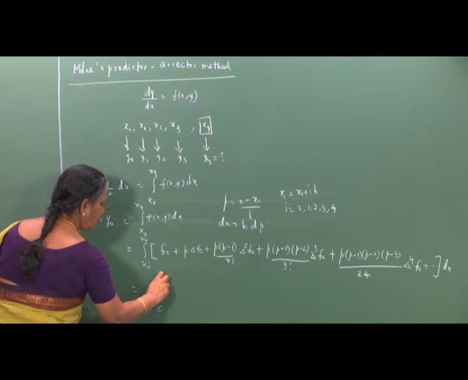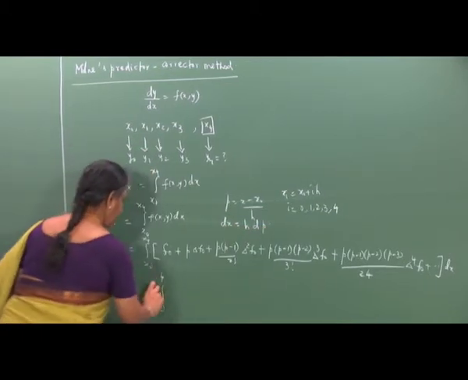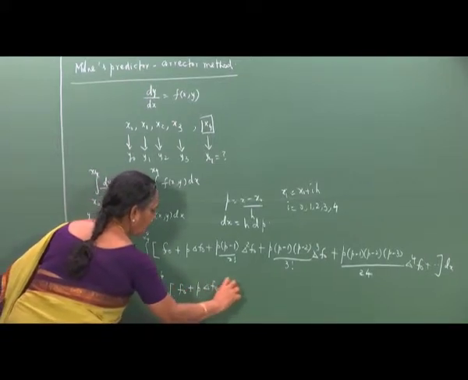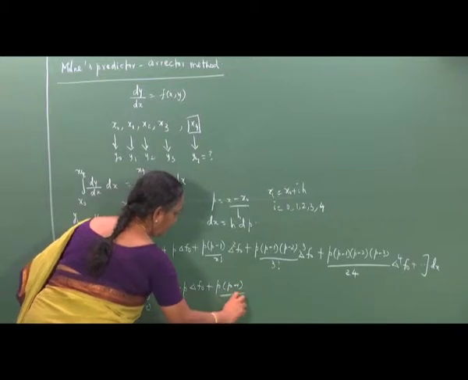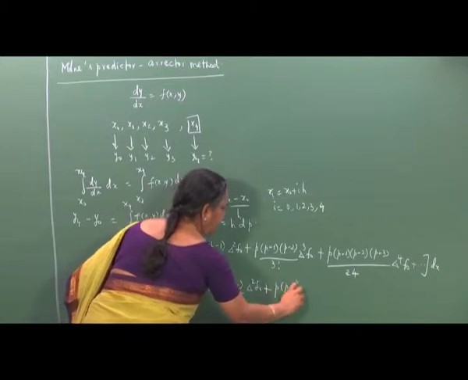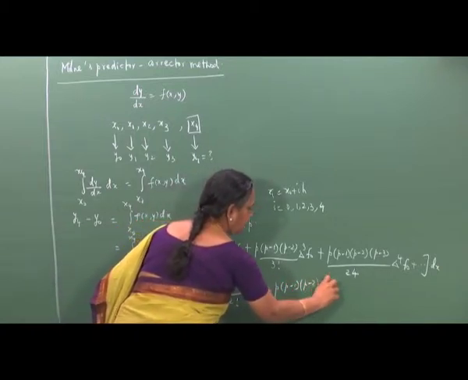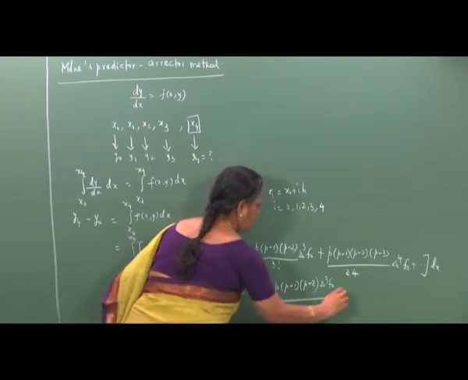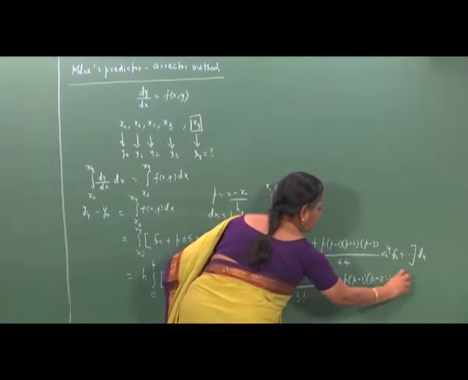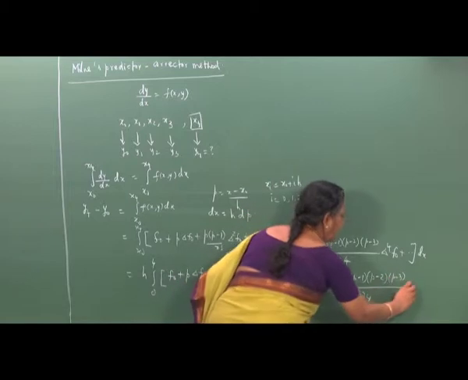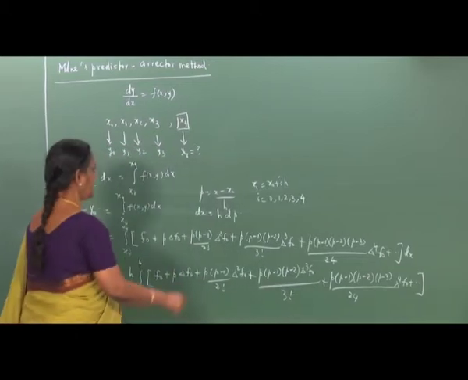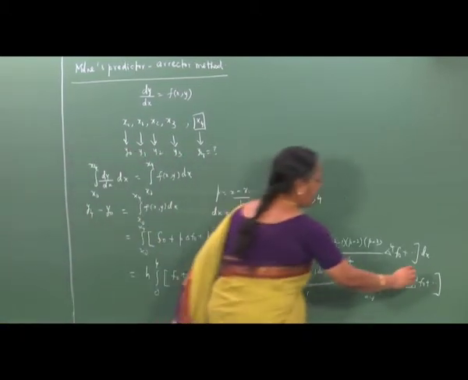So, it is 0 to 4, and since dx is h dp, so this will be h, and you have f0 plus p delta f0 plus the remaining terms as they are, into del power 4 f0 plus etc. Now, integration, as I said, is with respect to p. So, it is dp.